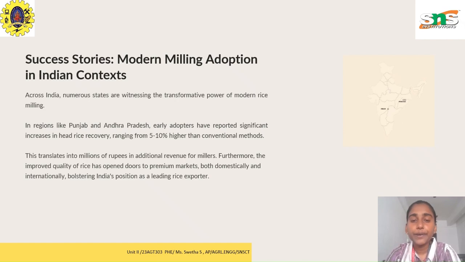Followed by them, many states have now adopted modern methods. It translates into millions of rupees in additional revenue for millers also. Furthermore, it helps India domestically and internationally as a leading rice exporter. These are some of the success stories we have because of the adoption of modern methods.